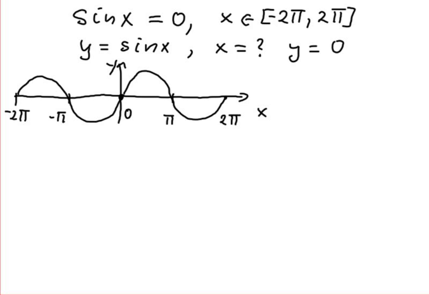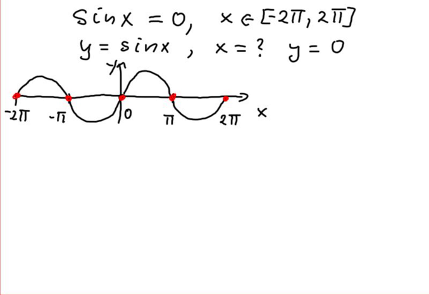Whenever you see that the graph intersect x-axis, this is the root of the equation sin x is equal to 0. The period of the function is 2 pi radians, so this is where the entire cycle is completed. And every pi radians you intersect x-axis.